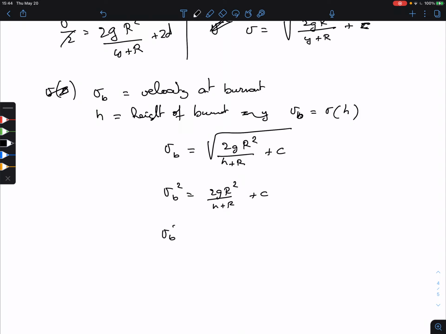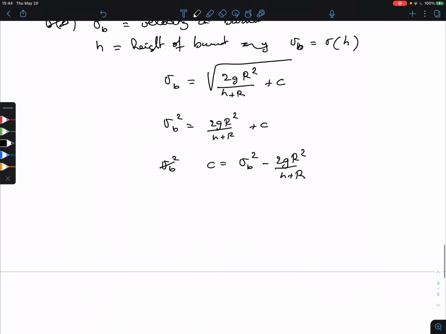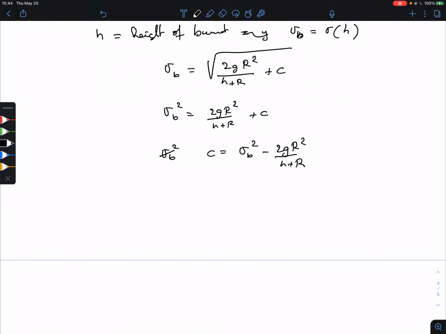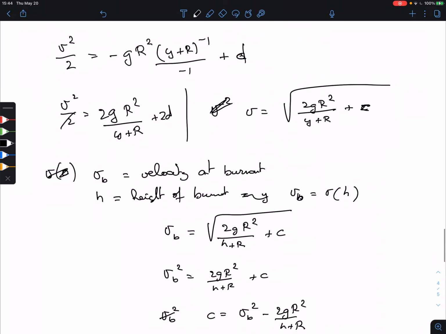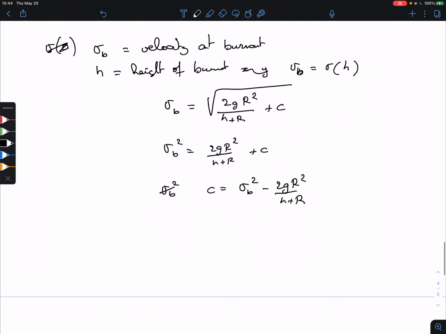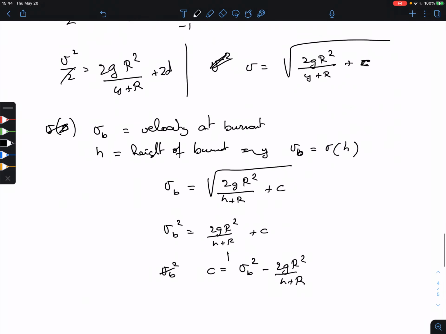So we see that c is the square of the burnout velocity minus this here. Okay, so the formula gets a little bit ugly that way. So let me not plug this into the formula. This is our constant that should go in there.